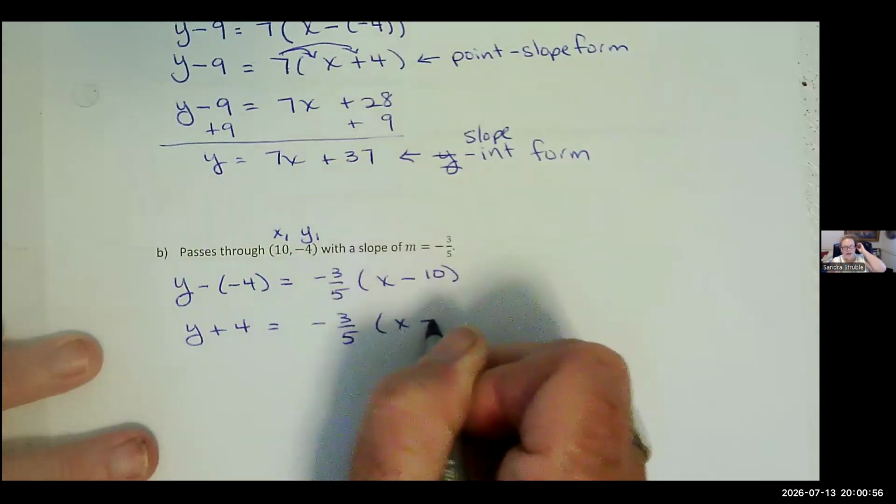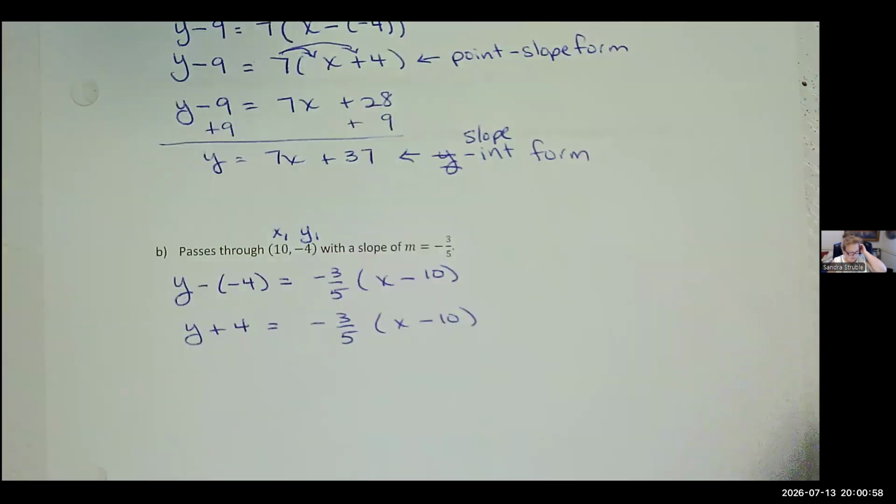This is one of the ones that I would tell you to use the other format. It would be easier, but that's okay. Maybe I'll use this example to show you the other format.